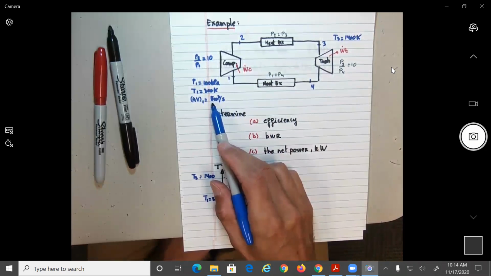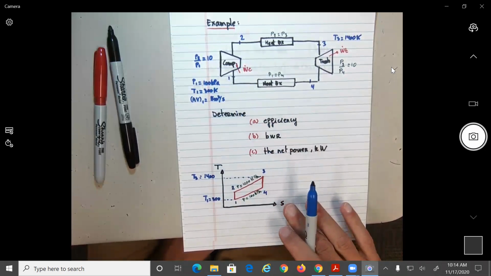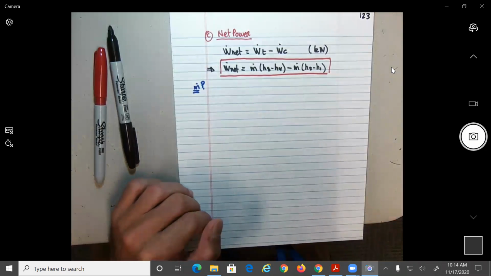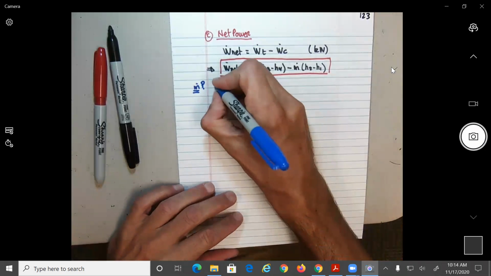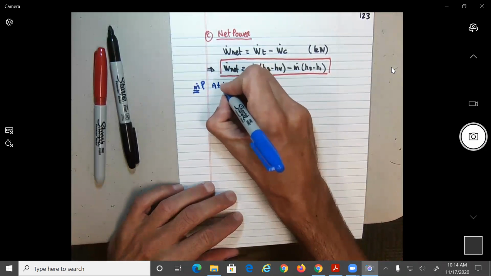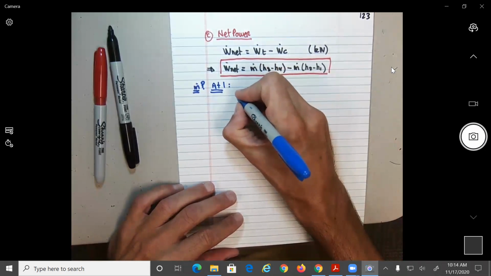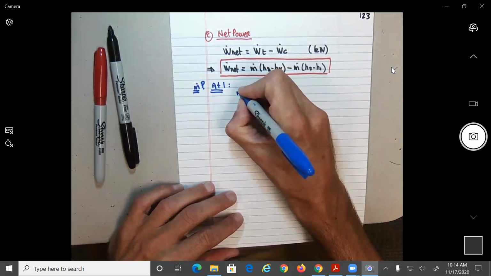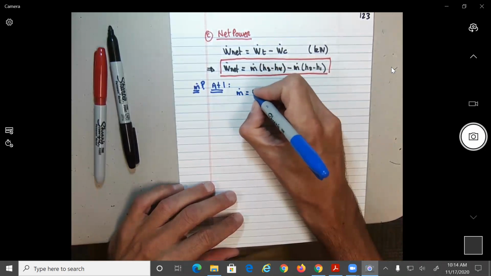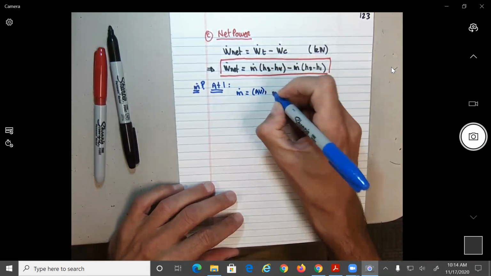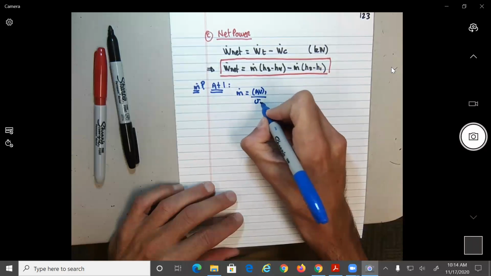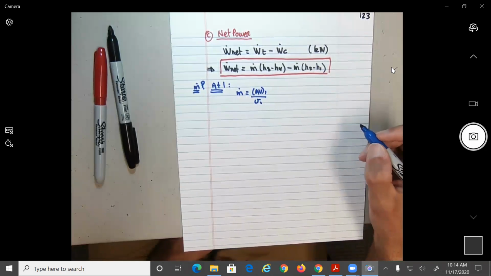And we know the temperature and we know the pressure, so let's see how can we use that. So let's say at 1, we know that the definition of the mass flow will also be equal to AV1, okay, divided by V1.